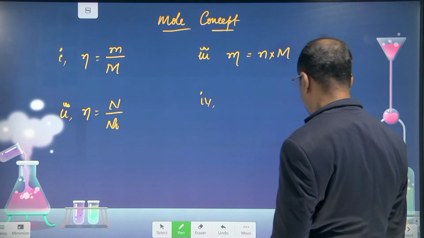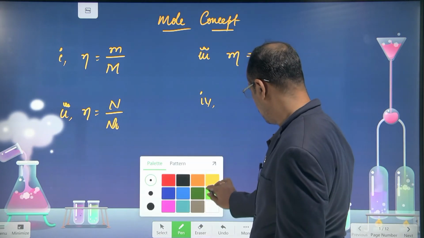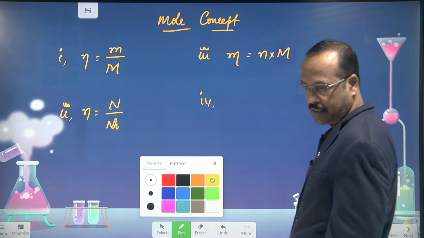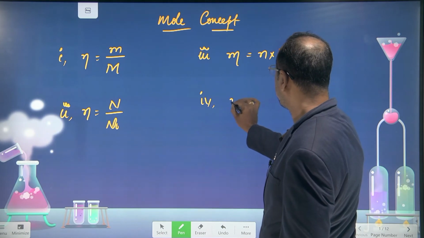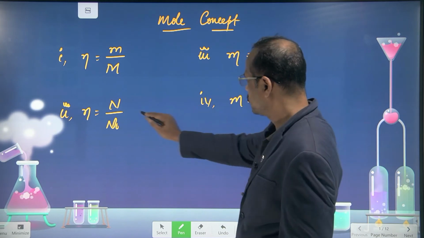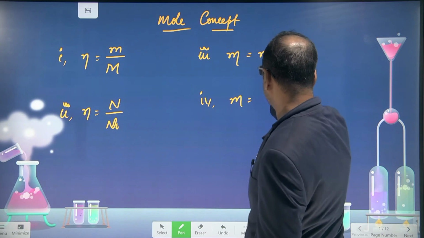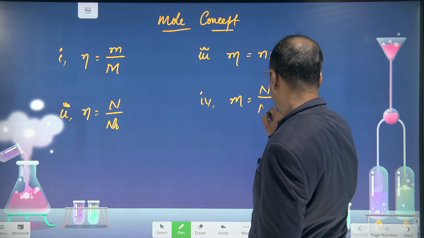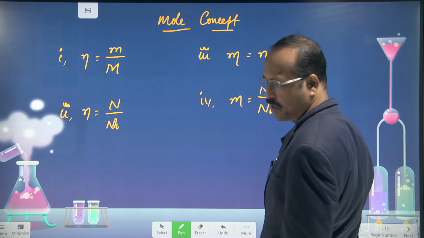How are we doing the third one? Here you can see on the screen. We have to calculate the mass now. So write mass is equal to n, but n is equal to capital N by N naught, right? So in the place of n you write N by N naught into M. This formula you apply, it will become easy.